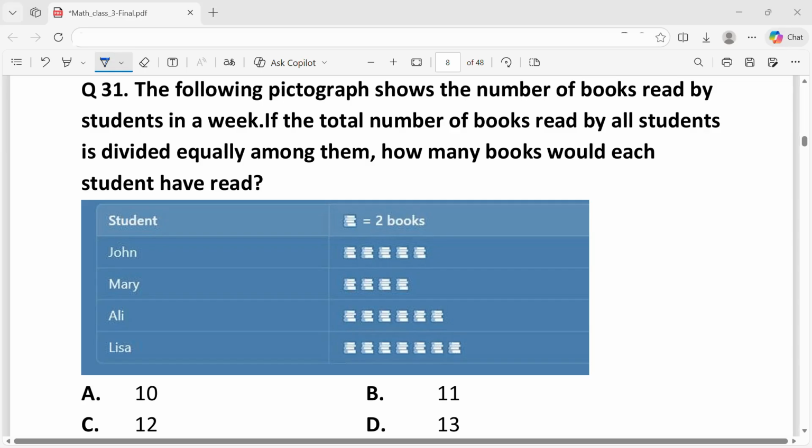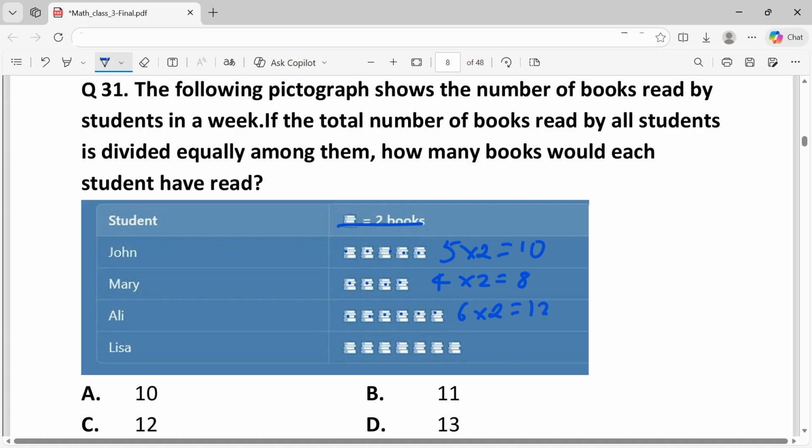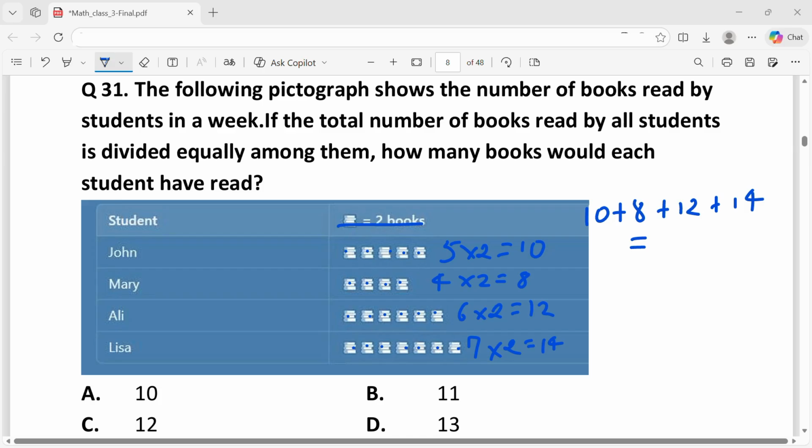Calculating the number of books read by each student, given one book symbol represents two books, that is 1, 2, 3, 4, 5. 5 into 2, which is equal to 10. 1, 2, 3, 4. 4 into 2, that is equal to 8. 1, 2, 3, 4, 5, 6. 6 into 2, which is equal to 12. And 1, 2, 3, 4, 5, 6, 7. 7 into 2, which is equal to 14. So the total number of books read is 10 plus 8 plus 12 plus 14, which is equal to 44.